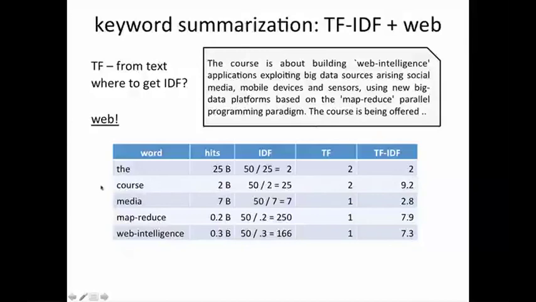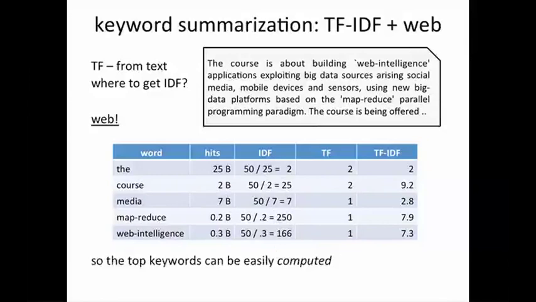Course is a much more common word than MapReduce, but it also occurs twice, so it comes up high in the TF IDF, so do MapReduce and Web Intelligence, even though they occur only once. What taking the log does is it makes sure that you give a higher weightage to the term frequency as opposed to this ratio. But this ratio is also taken into account.